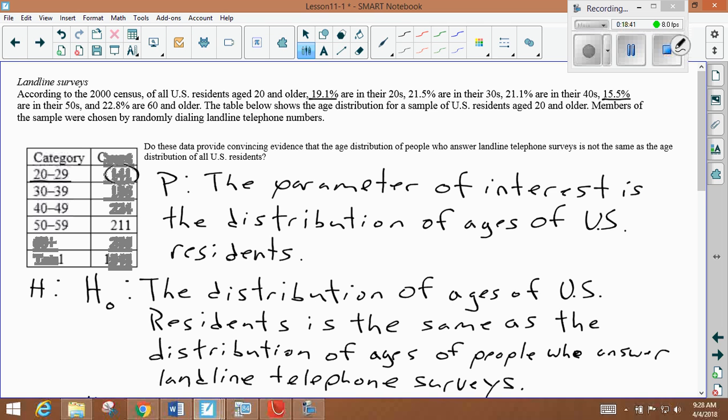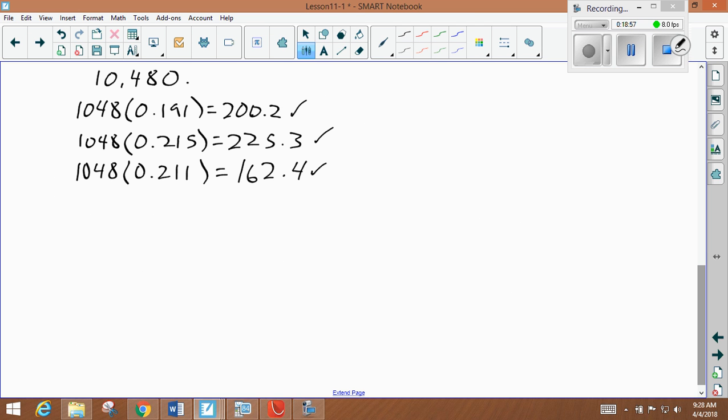It's 21.1 in their 40s, and 15.5 in their 50s. My bad. So we did this one, and this is incorrect. It should be 21.1. Actually, I'm going to do this on the calculator now.